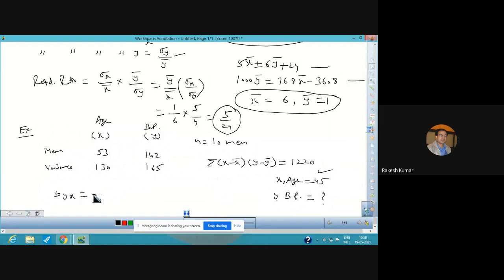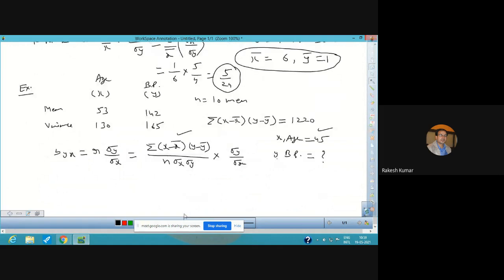This is the formula, R sigma Y over sigma X. And the formula of R is sigma of (X minus X bar)(Y minus Y bar) divided by N sigma X sigma Y. You must remember this formula of R. This formula is applicable here because we are given the value of this numerator, that is 1220, N is 10, and sigma X we require.